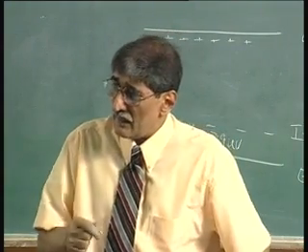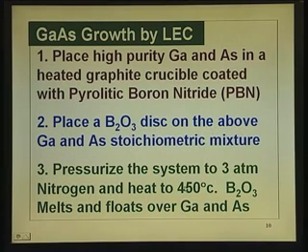You have to pressurize the system to about 3 atmospheres. So, that is where the catch is. You must have crystal growing systems which can go to those high pressures, 3 atmospheres of nitrogen. You do not have to have arsenic, you have the nitrogen pressure to prevent the loss of arsenic as you heat up. So, heat to about 450 degree centigrade.